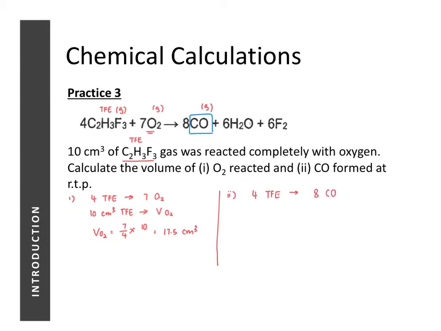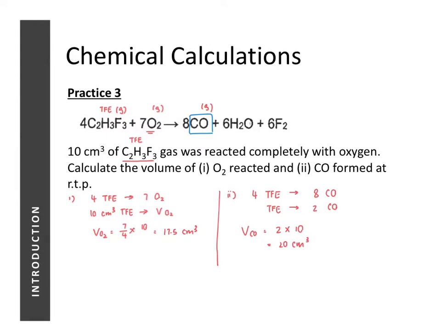Okay, so essentially the mole ratio is 1:2. 1 mole of TFE will give me 2 moles of CO. Right, so volume of CO is equal to 2 times the volume of TFE, which is 20 centimeter cube.